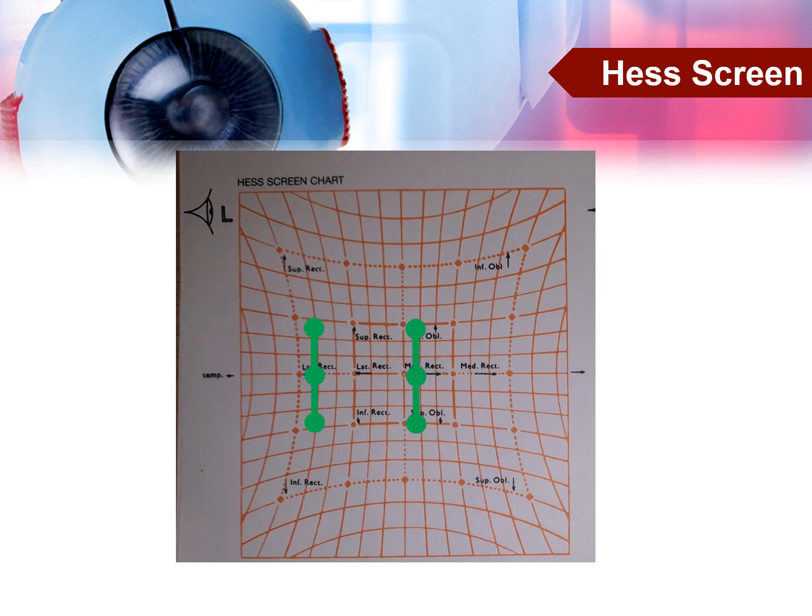This will result in simple displacement of the square corresponding to the eye movement in different gaze directions, without compression or change in the shape of the square. On the other hand, in restrictive lesions, while the patient will develop an underaction of one muscle, there will be no overaction of the direct antagonist. This will result in compression of the square rather than just displacement.